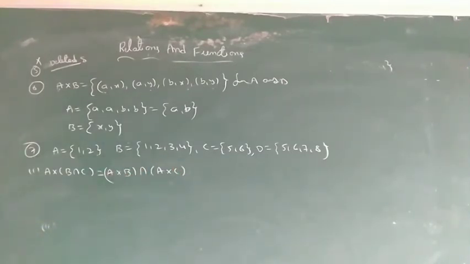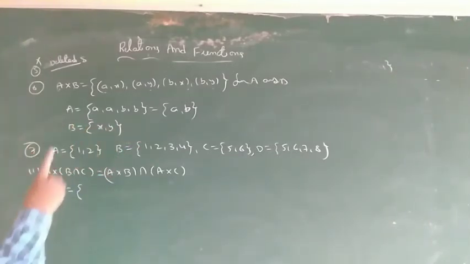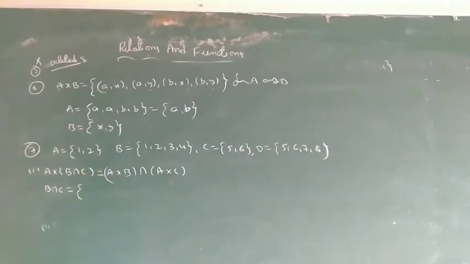First, B intersection C. What is meant by intersection? Common elements. B is equal to {1, 2, 3, 4}, C is equal to {5, 6}.